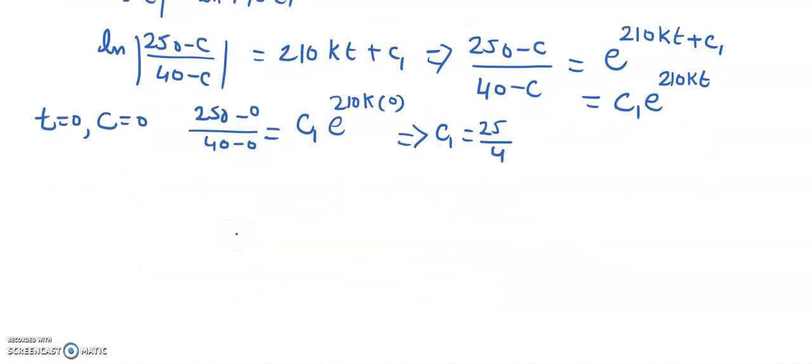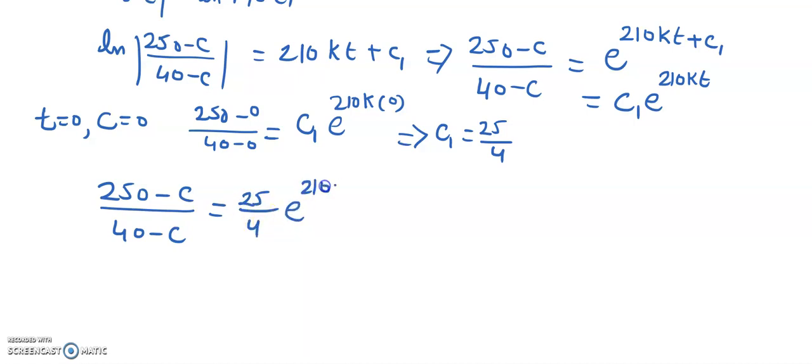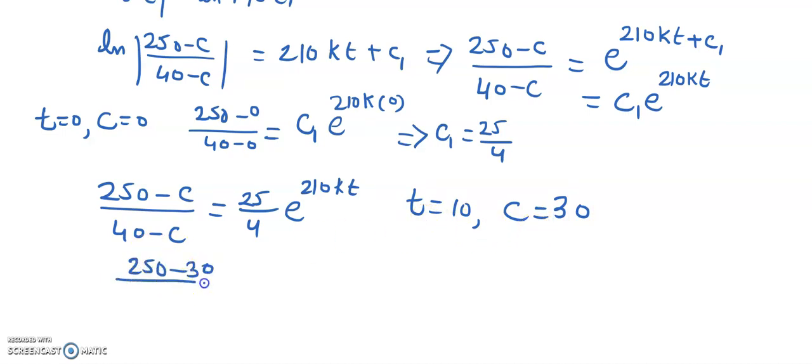So in this case, the equation will be (250 minus C) divided by (40 minus C) is equal to 25 by 4 e power 210 kt. So now, we know that after 10 minutes 30 gram of compound was created. So t is 10, C is 30. So (250 minus 30) over (40 minus 30) is equal to 25 by 4 e power 210 kt.